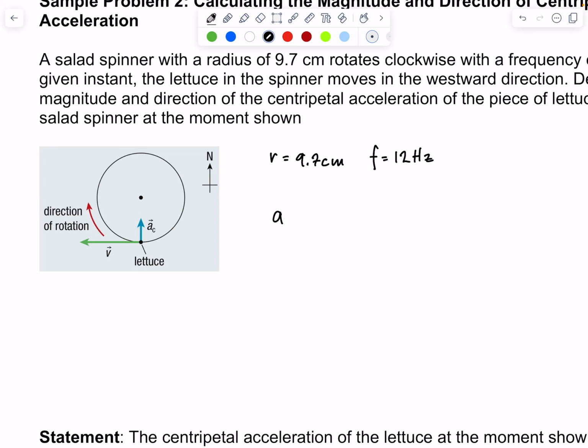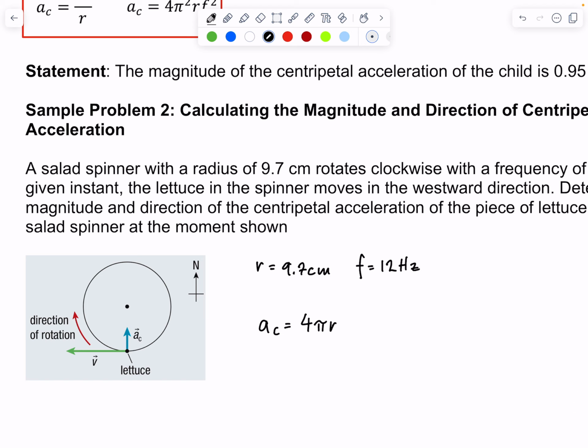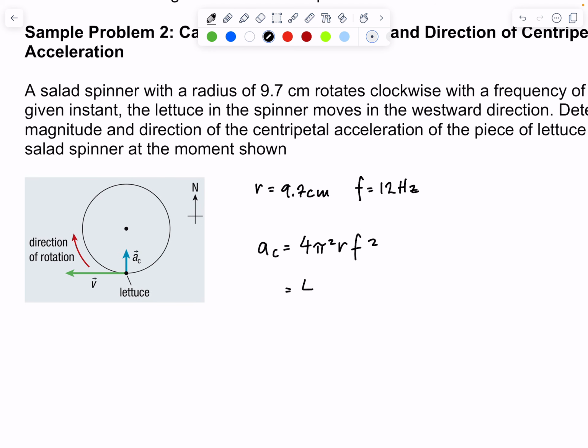We're going to use centripetal acceleration equals 4 pi squared r f squared. 4 times pi squared times 0.097 meters, converting this centimeters into meters, times the frequency 12 hertz squared.